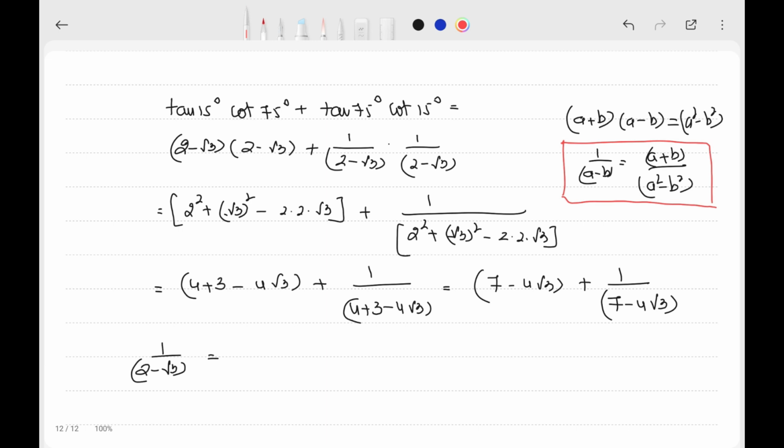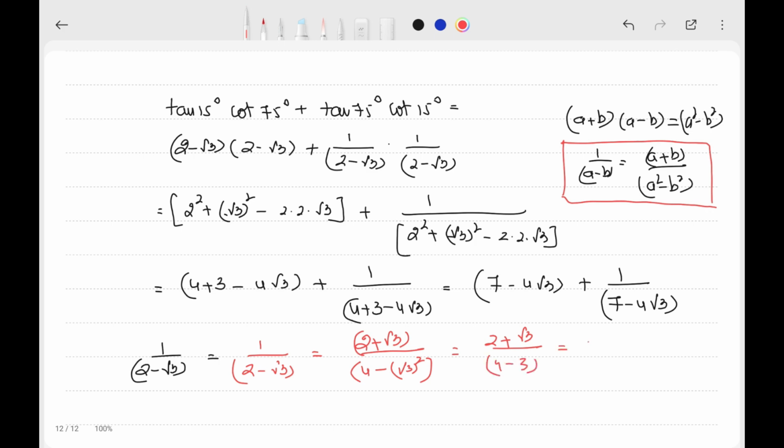Then 1 by 2 minus root 3 is equal to a plus b, that means 2 plus root 3 divided by a square minus b square, 4 minus 3.